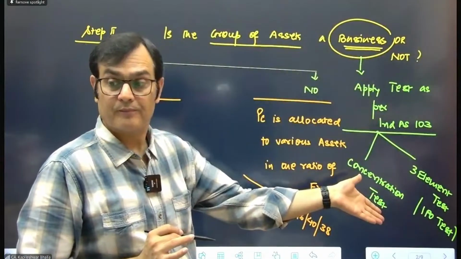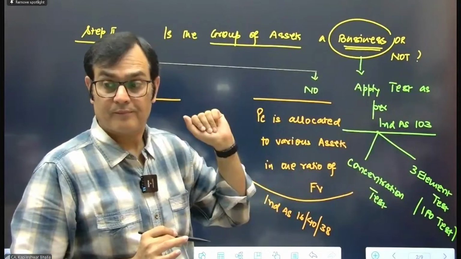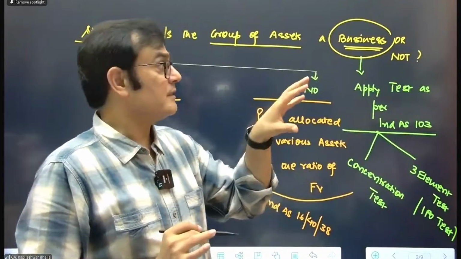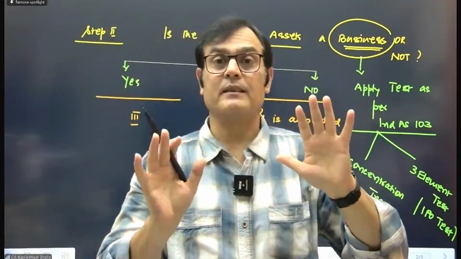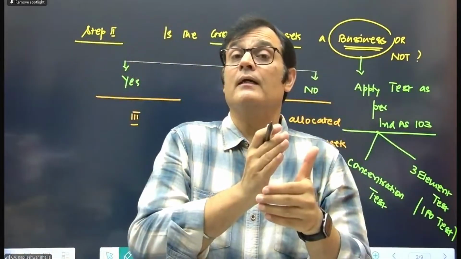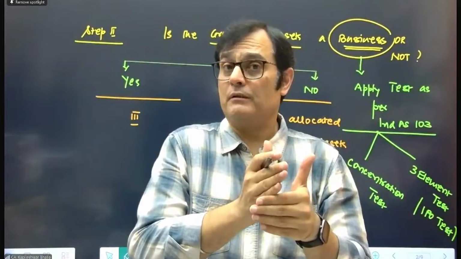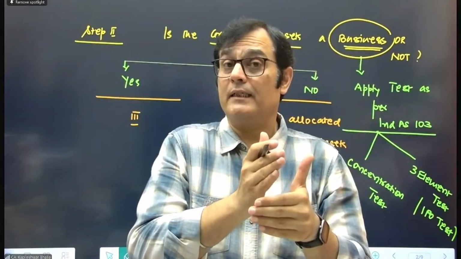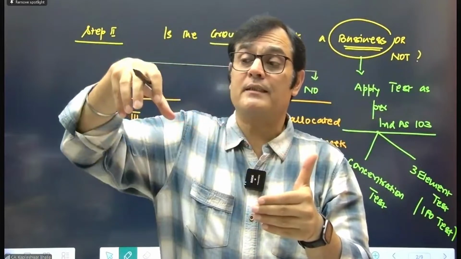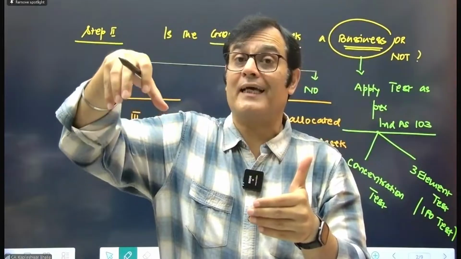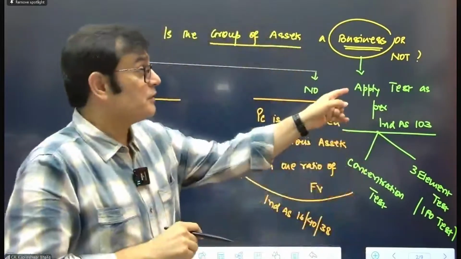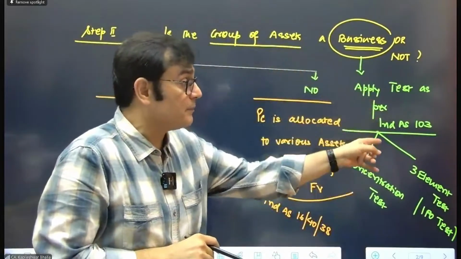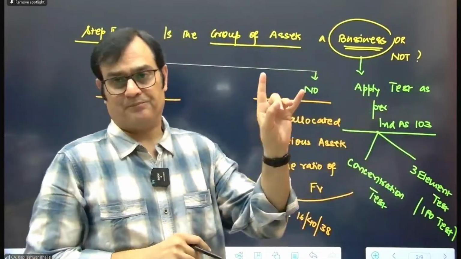On step number 2 itself, we need to do the concentration and the 3 element test? Yes, that's why I discussed that later. Let me connect the dots once again. I did the introduction, and then I discussed the concentration and the IPO test. The concentration IPO test is applicable to step number 2 of my main step.